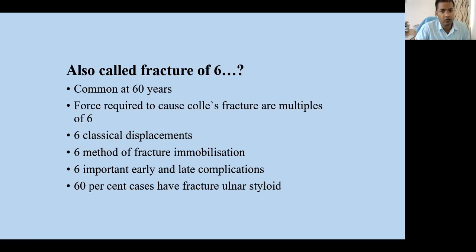The force required to cause a Colles' fracture is a multiple of 6 Newton: 12 Newton, 18 Newton, like that. 6 classical displacements we will discuss later. 6 methods of fracture immobilization, like the splint, lower slab, back slab, circular cast, and internal fixation, external fixation. 6 important early and late complications will be discussed later, and 60% will have a fracture of the ulnar styloid. The ulnar styloid process is also fractured in 60% of cases, along with this distal fracture of the radius.